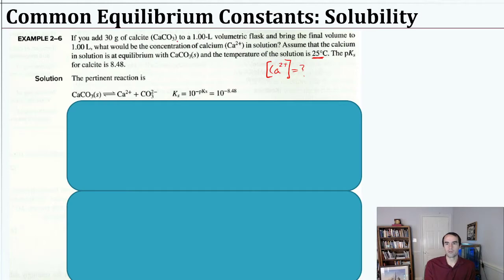So CaCO3 added to water, essentially, and we're going to form Ca2+. So if we take CaCO3 and we dissolve it in water, what we're likely going to get is an equation where it's just dissociating into the two: Ca2+ and, like we saw earlier, CO3 2-.